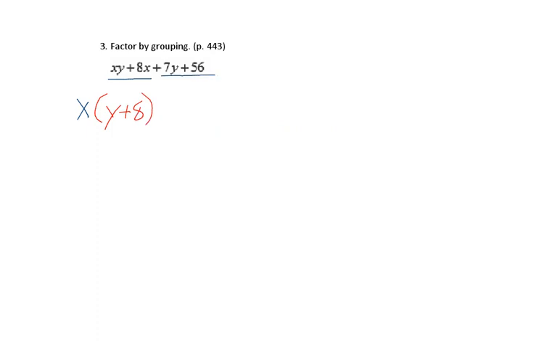In the next group, you can actually divide by 7. So we'll have 7, and what's left behind is y plus 8. Well, notice that the binomial that's in parentheses is the same. So we can factor by binomial. So it becomes y plus 8, and then x plus 7.